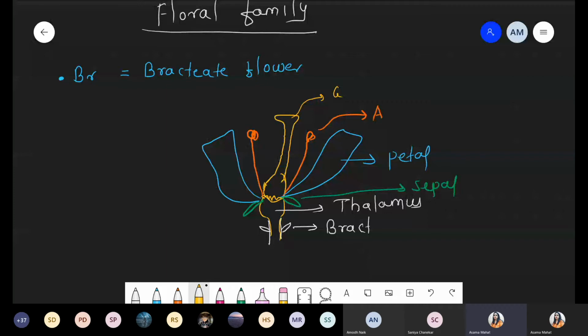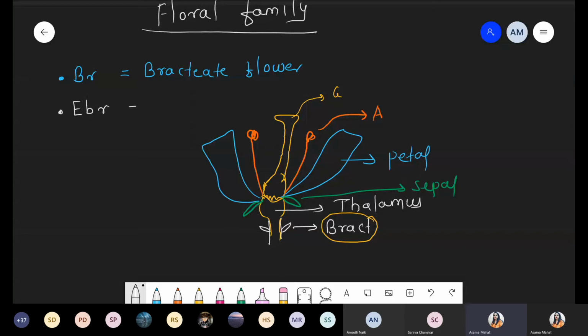But what is the meaning of bract? In some flower, below that thalamus portion, there is a presence of some reduced structure, maybe it is a green color. Sepal तो होते ही होते, but except sepal, there is a presence of some bract. So if that bract is present, simply it is called bracketed flower, represented in symbol BR. Okay, BR. Got it? This point is clear.